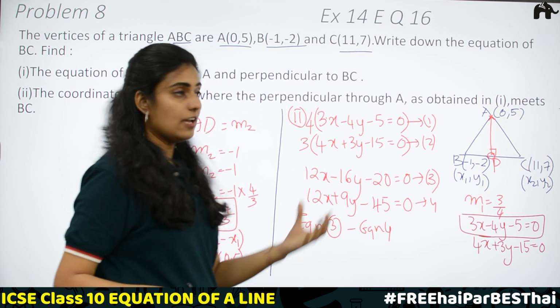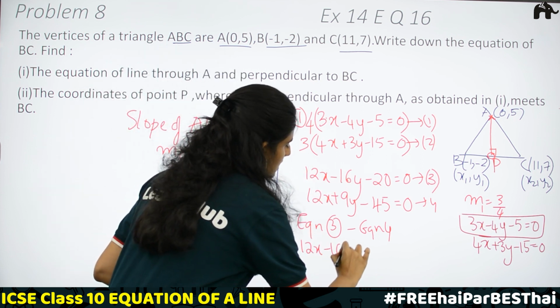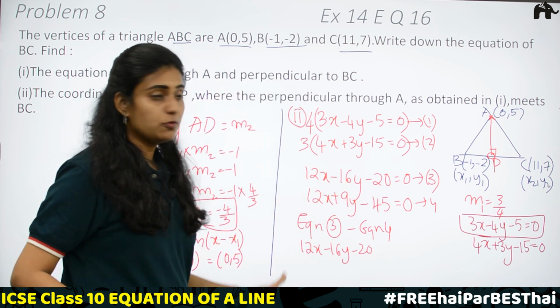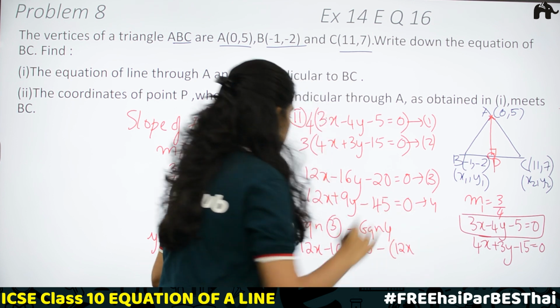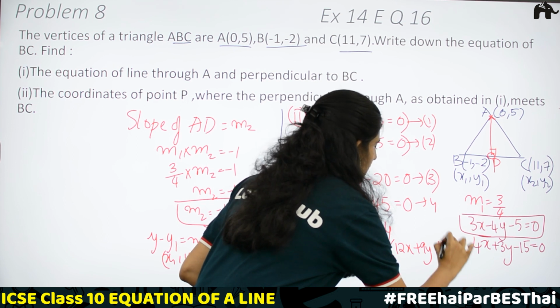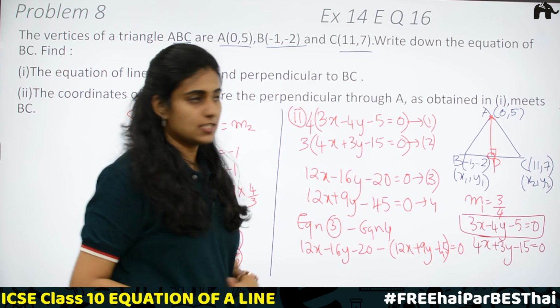What do we get? Left hand side, we have 12x minus 16y minus 20 from the third equation, and from the fourth equation minus 12x plus 9y minus 45. Here RHS is 0 on both the equations.